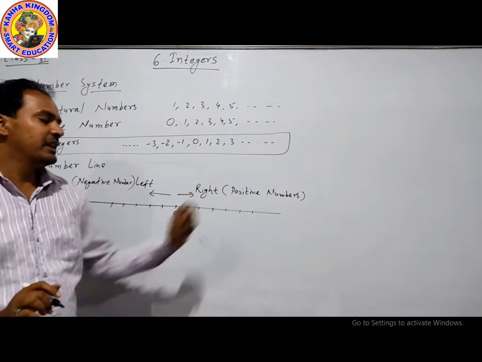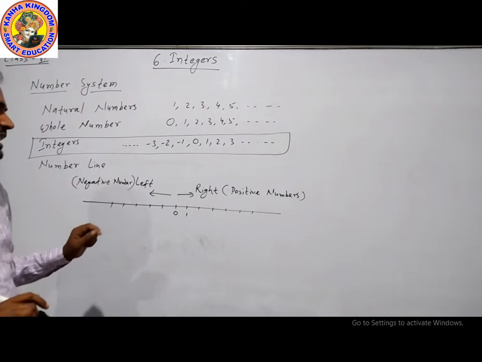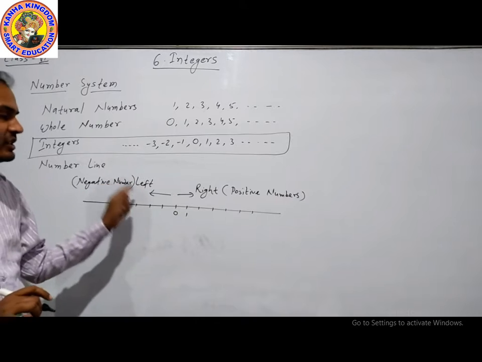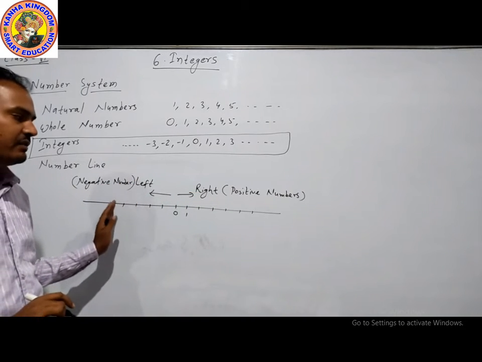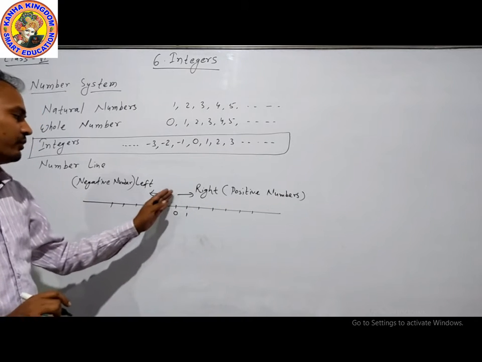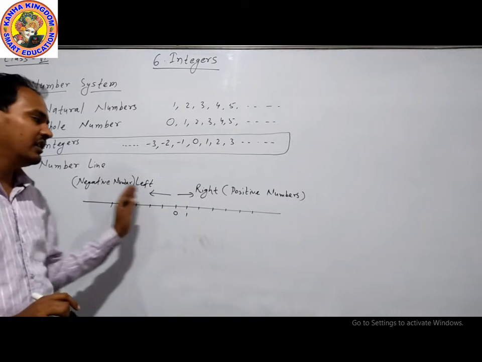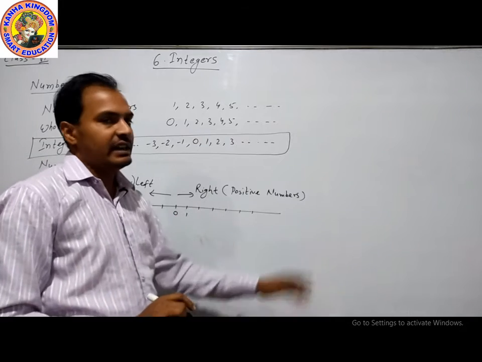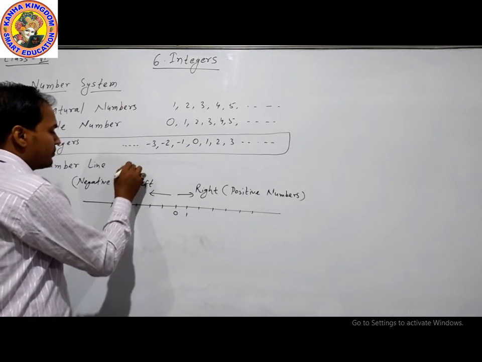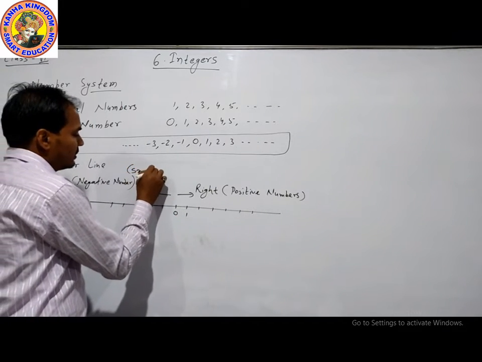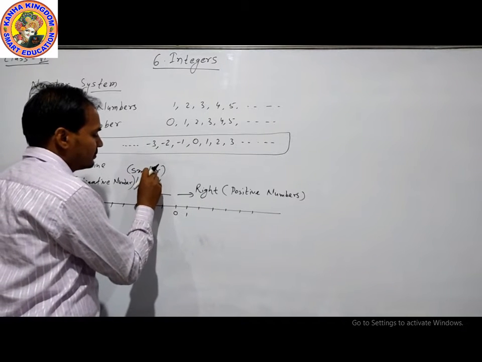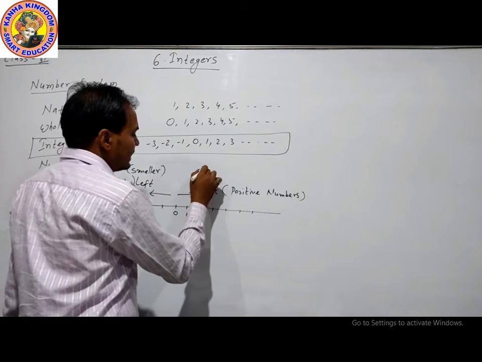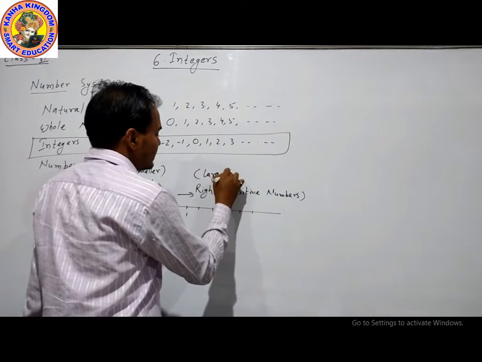The left side is smaller than the right side. When we move to the left side the numbers become smaller, and when we move to the right side the numbers become larger.